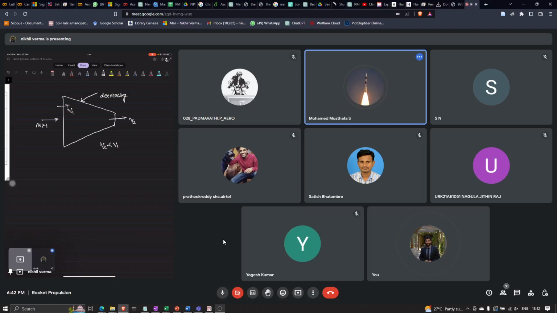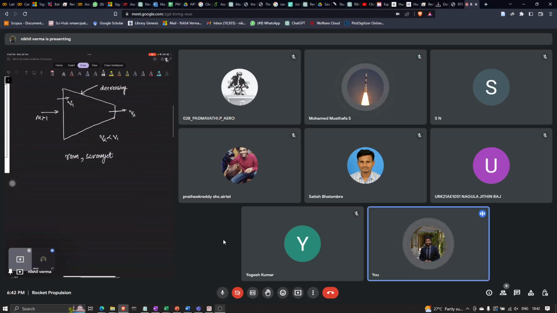Exactly. So in a ramjet and scramjet engine, we want to decrease the velocity. The flow usually comes in supersonic, and we want to decrease the velocity so that we can sustain combustion at this point.